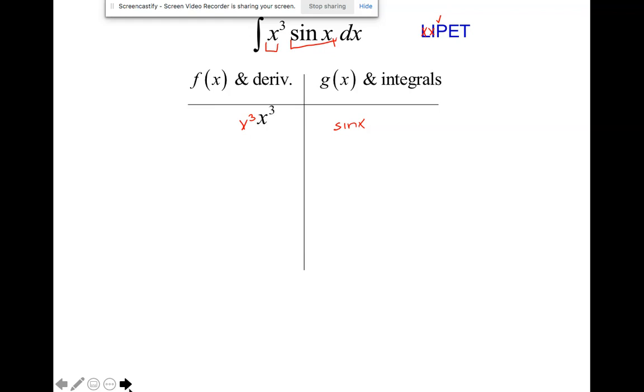Take your derivatives down the left column until you reach 0. Copy and paste sine x. Repeatedly integrate until you match the column entries on the left side.